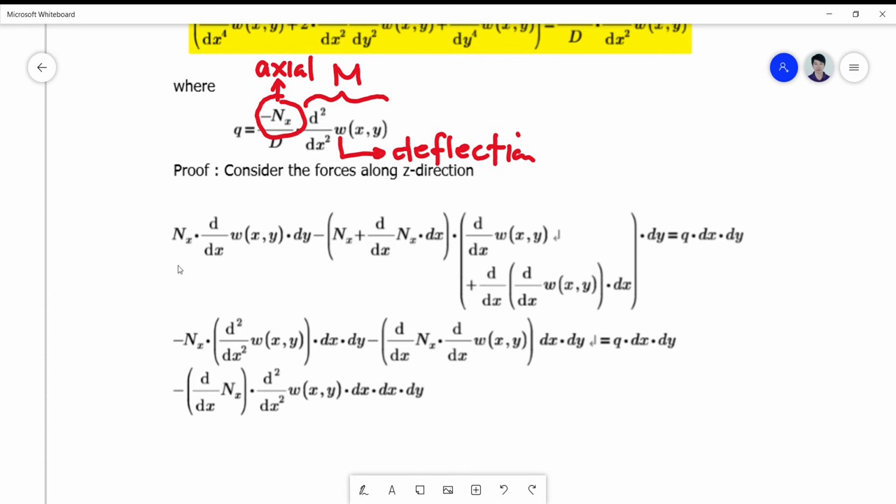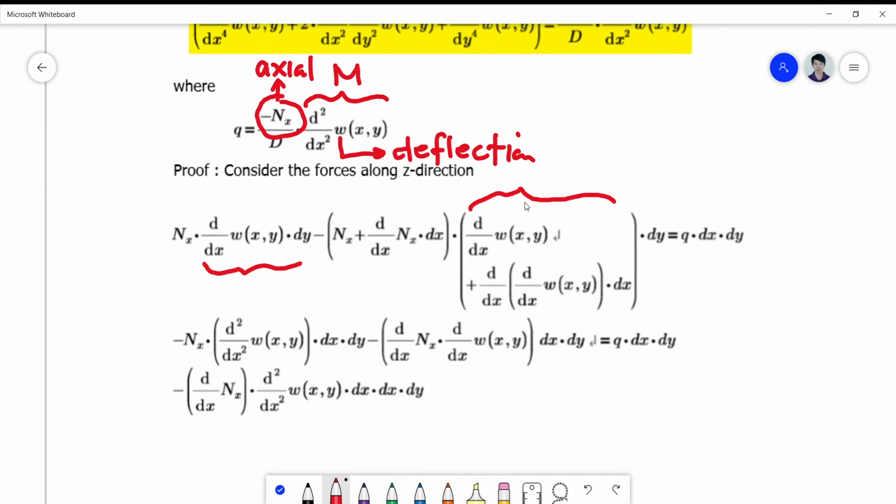So this is now your vertical downward force, and this is the upward force multiplied by the corresponding slope, which is simply a derivative, and this is also a derivative corresponding to the slope.